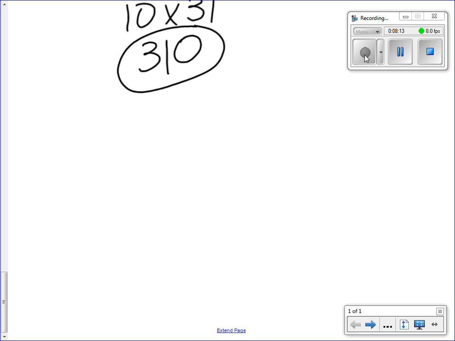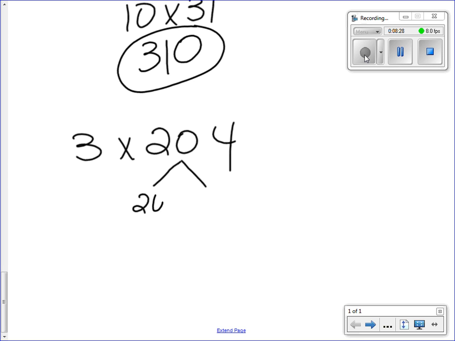So I can show you an example with a larger number. Let's say we did 3 times 204. Okay, I can break 204 into 2 simple numbers to use. 200 plus 4.